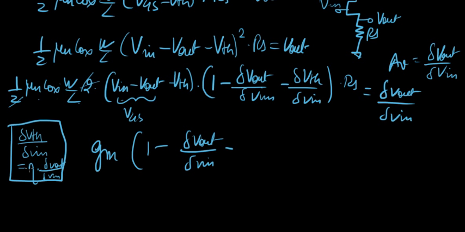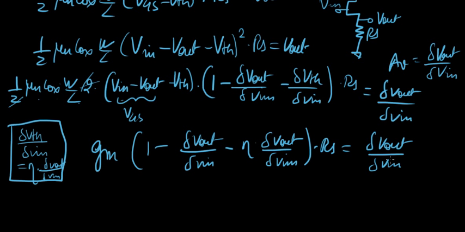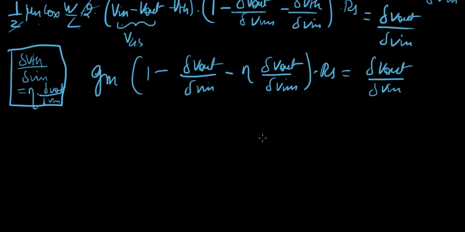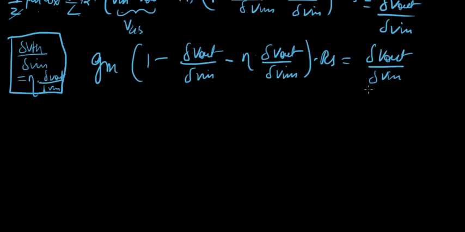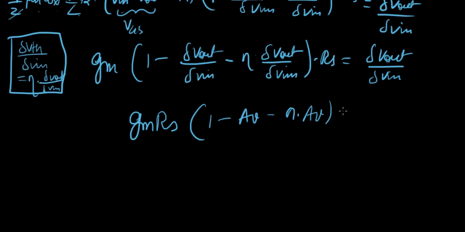I know I'm not being very legible here, but I hope you understand what I've just said. So that's eta times del V out over del V in times RS equals del V out over del V in. Right? So instead of writing del V out over del V in, let me as well write AV, the gain, right? So GM RS, I'm just putting these two together: 1 minus AV minus eta times AV equals AV.